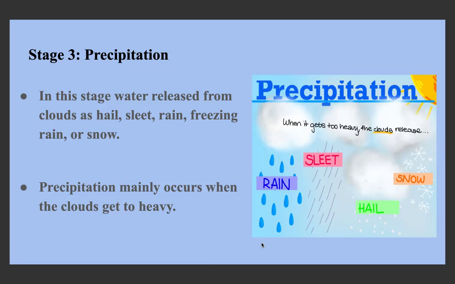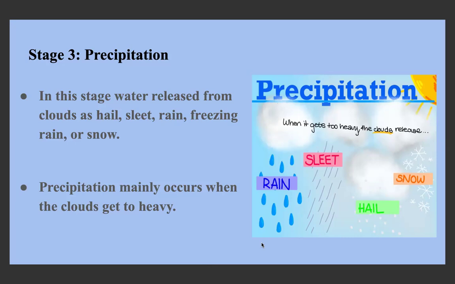Precipitation is essential for replenishing water in rivers, lakes, and soils, supporting plant and animal life. It's a key stage in the water cycle, ensuring that water continuously moves from the atmosphere to the ground.